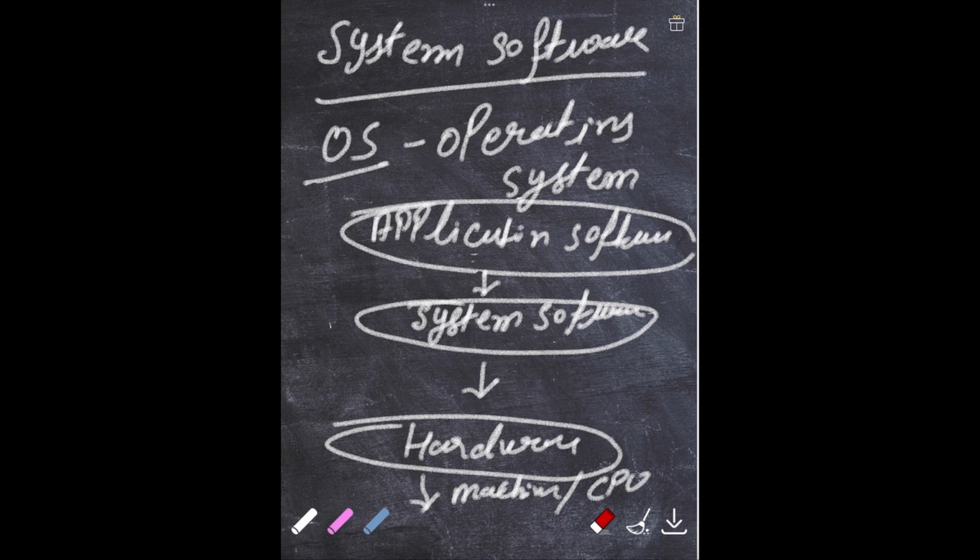All these things related to hardware, CPU, mouse, keyboard, are at the low level, and the system software works in the middle between the application software and the hardware.